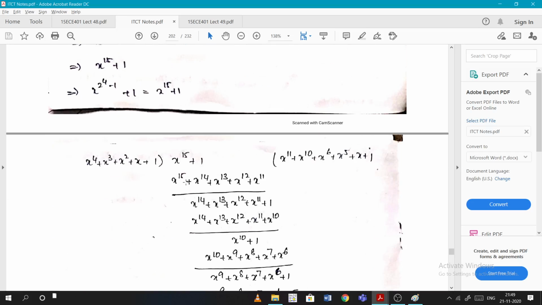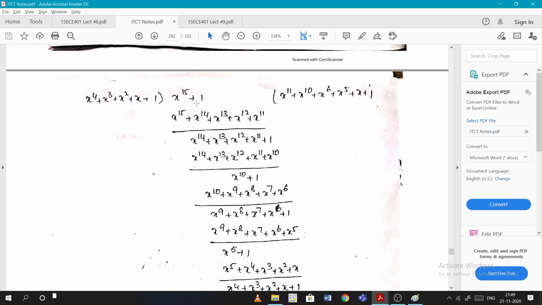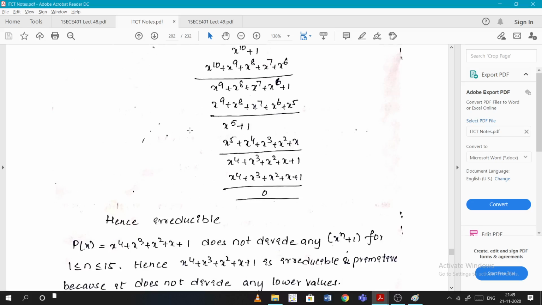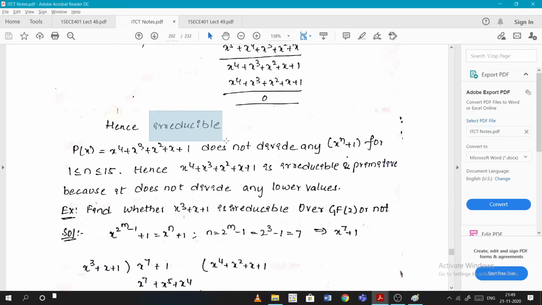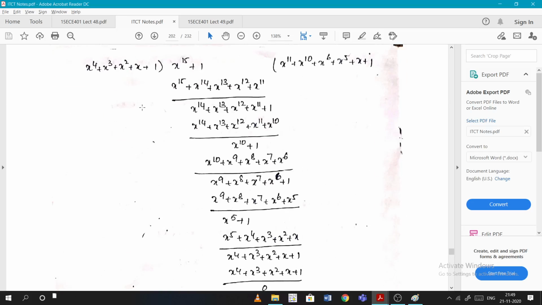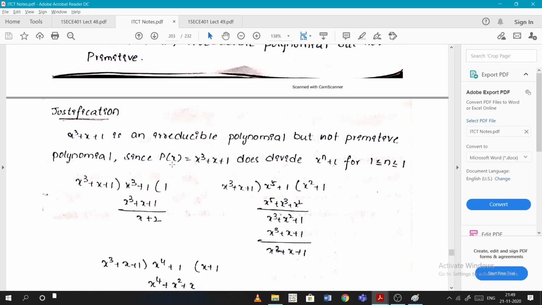After dividing, if it is divisible, that means if you get a remainder of 0, then we can say that p of x is irreducible. Okay, for example, if you take another example, x cube plus x plus 1, here m is 3, right?